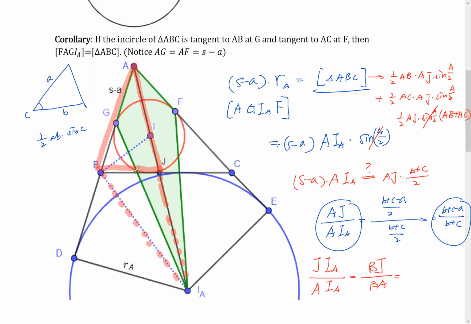What is the length of BJ? It's the angle bisector, so BC is cut into portions of b and c. And I'm going to take the left-hand side, the c portion. That's BJ. And then what's BA? That's simply c. Crossed out. So that's a divided by (b + c). So it's essentially saying that this part is a, and this part is (b + c - a) in terms of ratio.